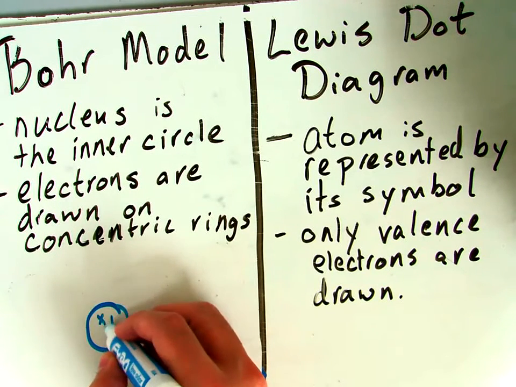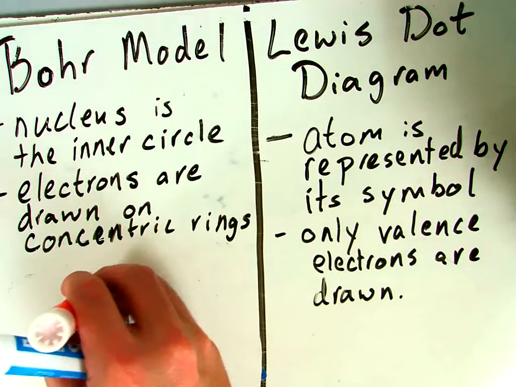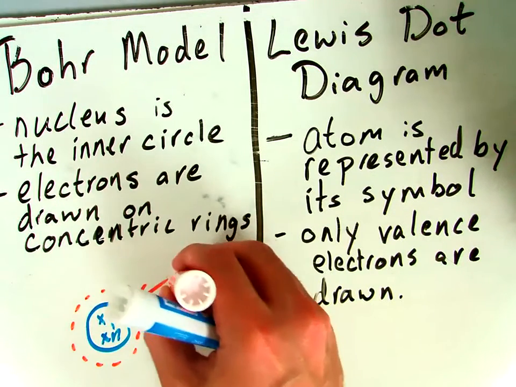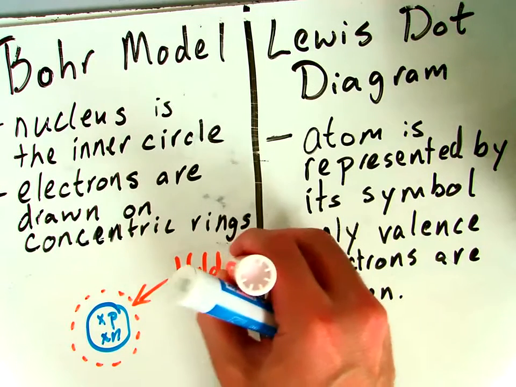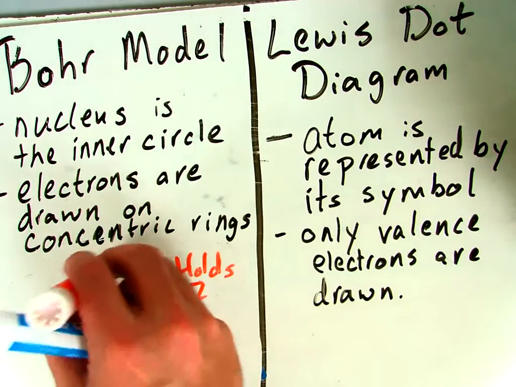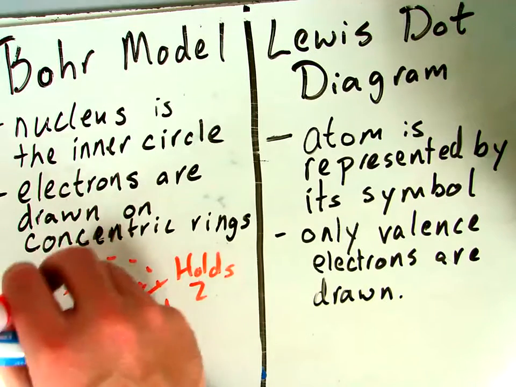We're going to include how many protons it has, how many neutrons it has, and then we draw the electrons as concentric rings around the nucleus. So this first one holds 2 electrons. The second one and third one both hold 8.